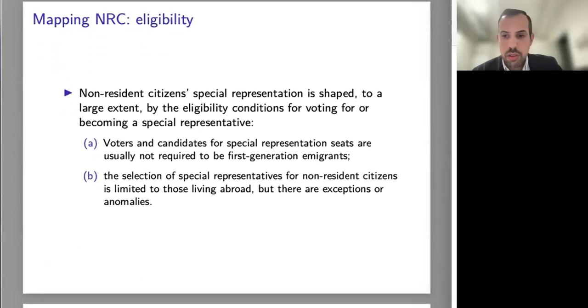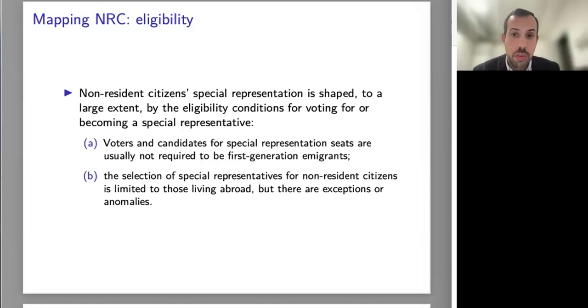Changing a little bit the dimensions of the evaluation to an empirical evaluation of non-resident citizen special representation, we need to say that it is shaped to a large extent by the eligibility conditions for voting for or becoming a special representative.